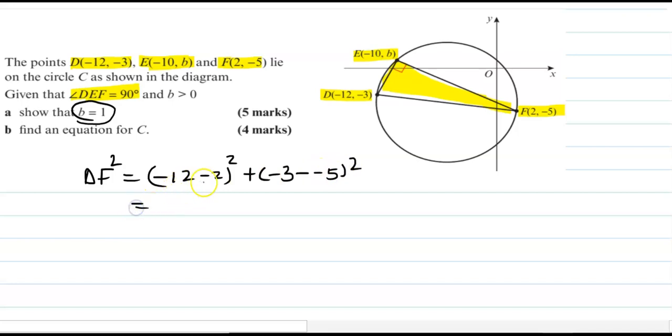Okay, so minus 12 minus 2, that is minus 14. Minus 14 square is 196. Minus 3 plus 5, so it is 2. 2 square is 4. So we got 200. DF square we got 200. Okay. Similarly, we can find DE square.